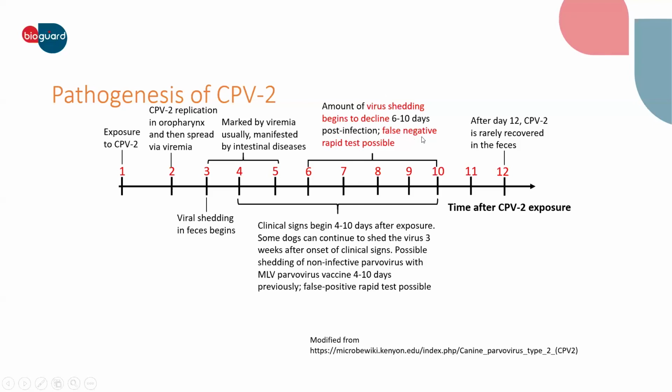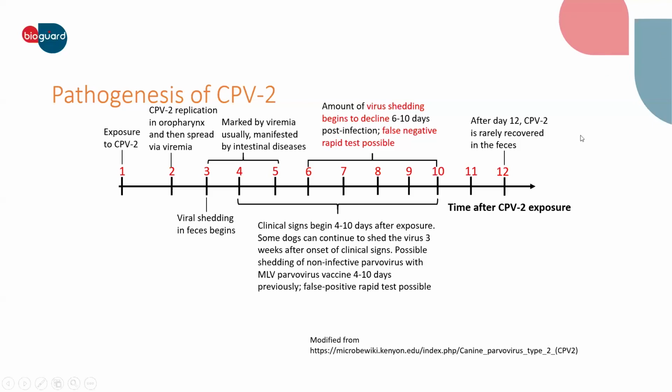So at that time, if we do the repeat test, it may show a false negative because the shedding of the virus is decreased, and also the large volume of diarrhea may dilute the amount of the virus in the feces sample.